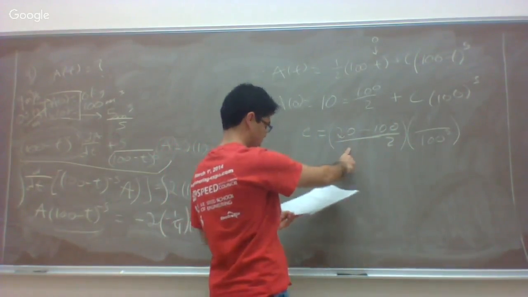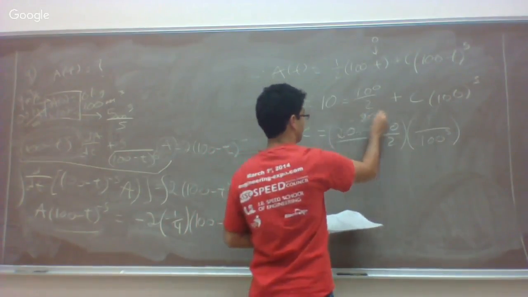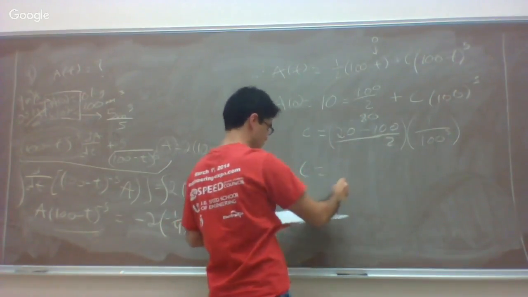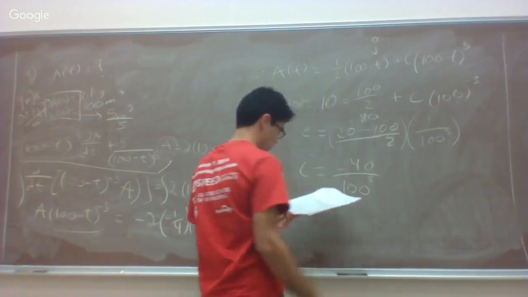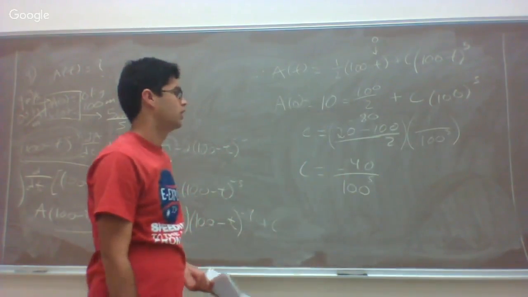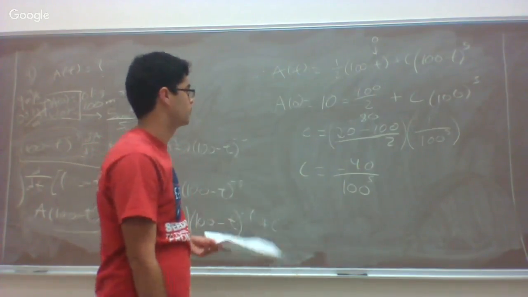This here is equal to negative 80 divided by 2, so c is equal to negative 40 divided by 100 to the 5th power. And we can leave it like that.